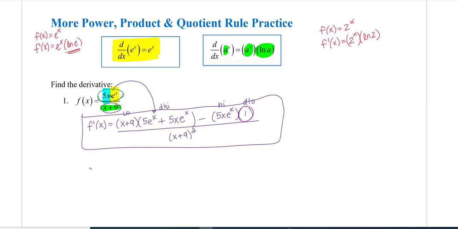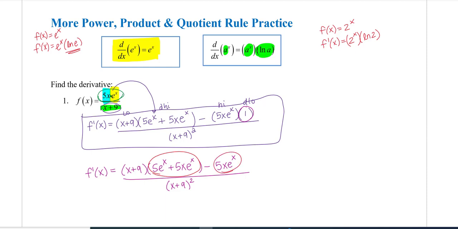If you wanted to sort of simplify this, you could. I'm going to leave this x plus 9 factor, 5e to the x plus 5x e to the x is going to stay. And I'll just write minus 5x e to the x, because again, I'm not going to write times 1. And then if you wanted, you can actually factor out 5e to the x, because it factors out of here, and it also is going to factor out of here.